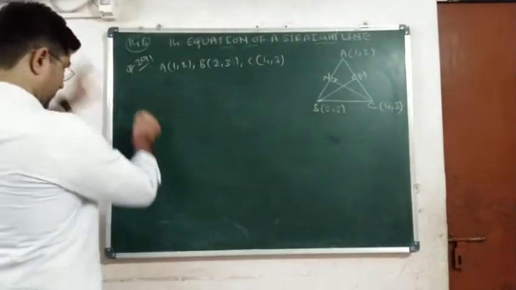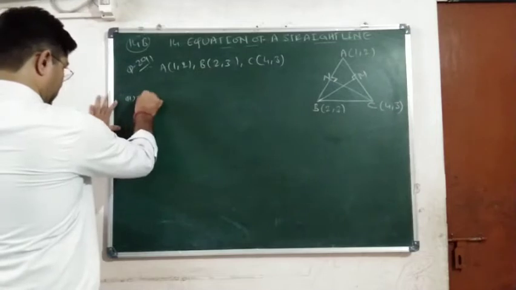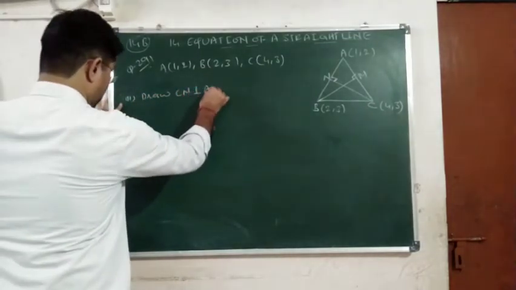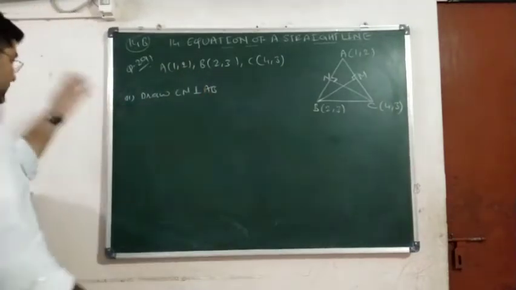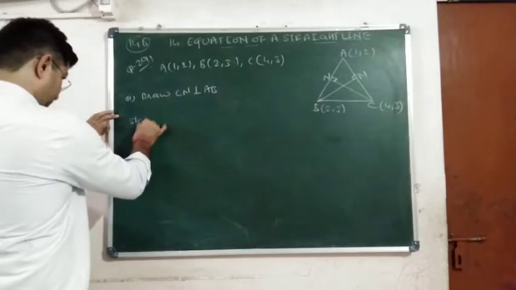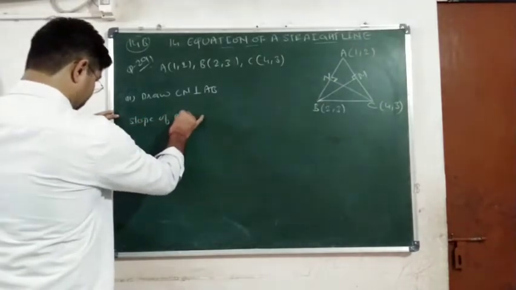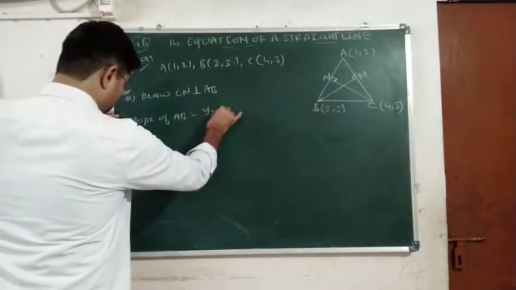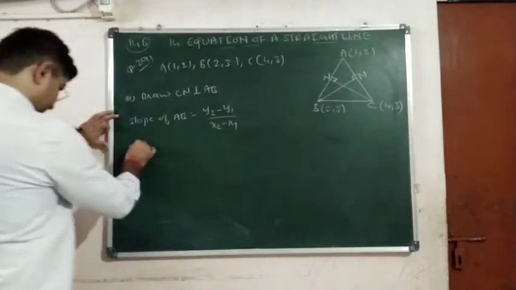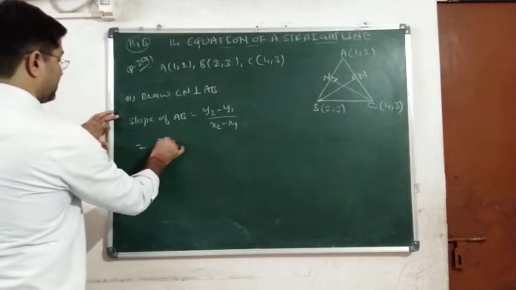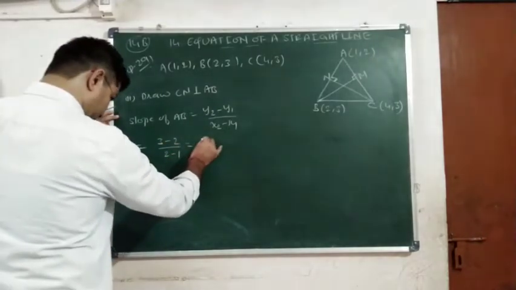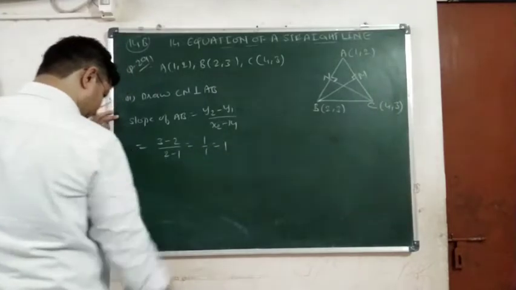Okay, second part. Draw CN perpendicular to AB. Now slope of AB will be y2 minus y1 upon x2 minus x1 equals 3 minus 2 upon 2 minus 1 is equal to 1 upon 1 equals 1.